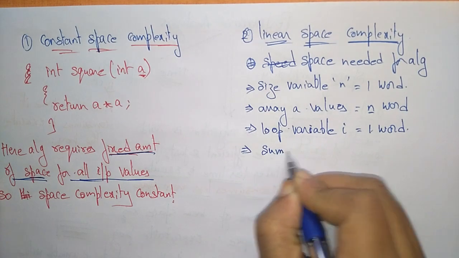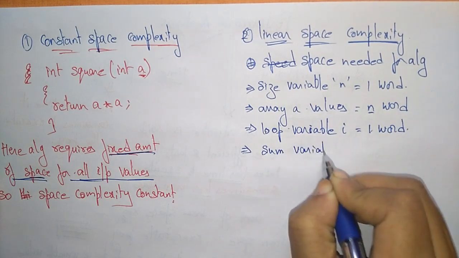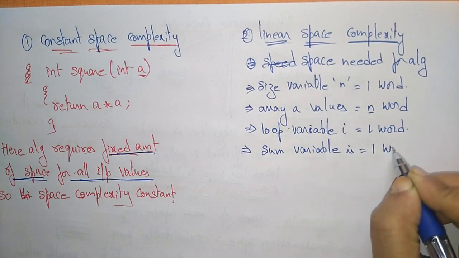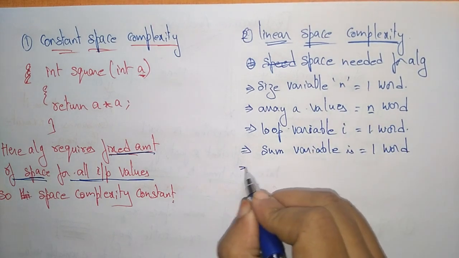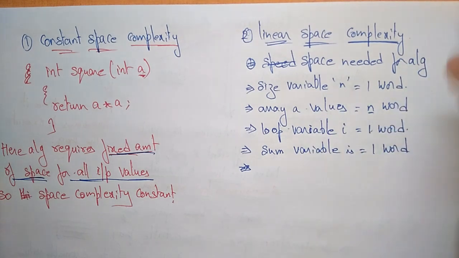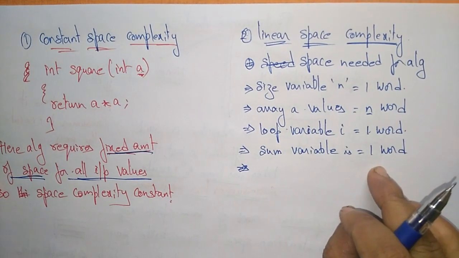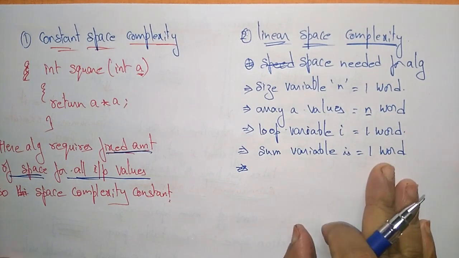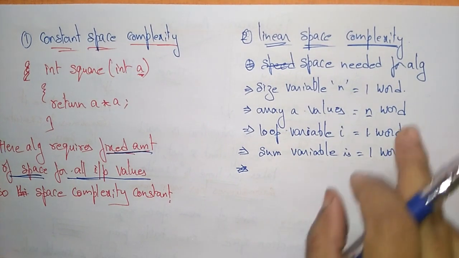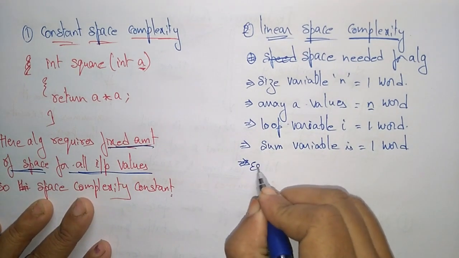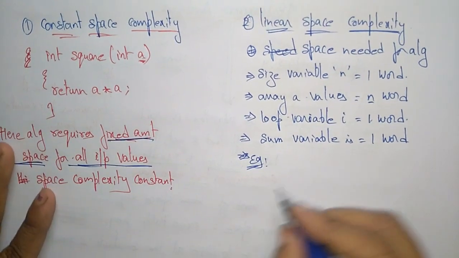If you have a sum variable, it occupies one word of space. So these are the standard sizes for the variables in memory: one word or n words, based on the instruction. Let us take one example for this linear space.